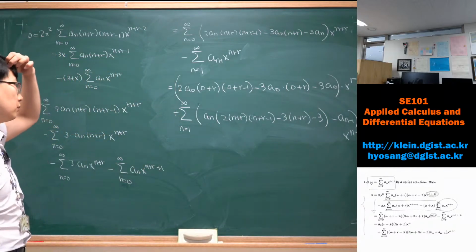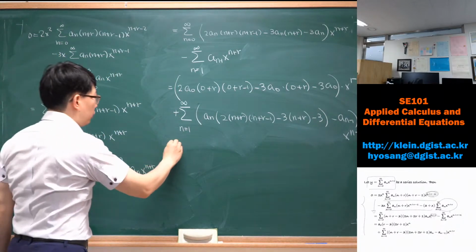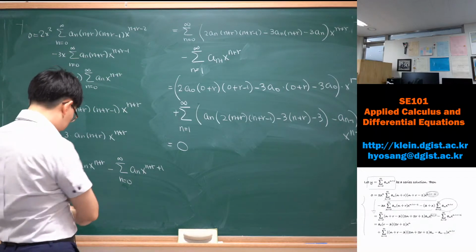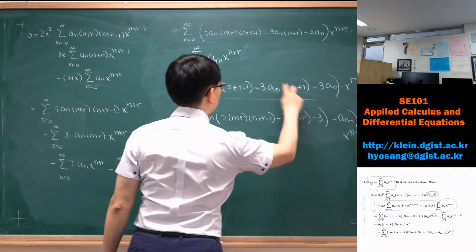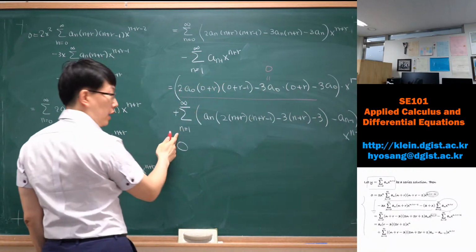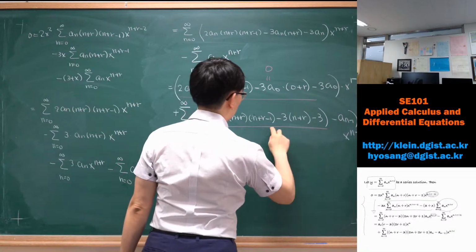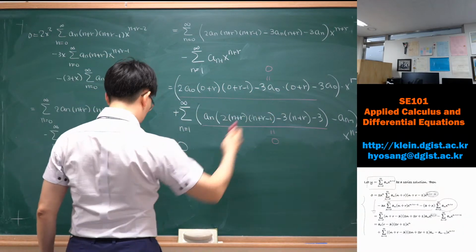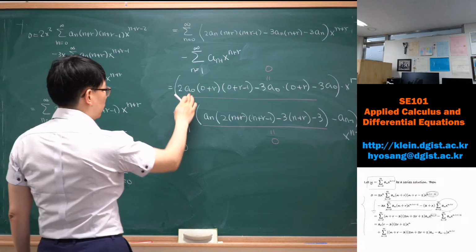Okay. So I want this to be 0. The whole thing must be 0. So therefore, this part must be 0, and for any n, this thing must be 0. So let's compute the first one. This is the particular equation.